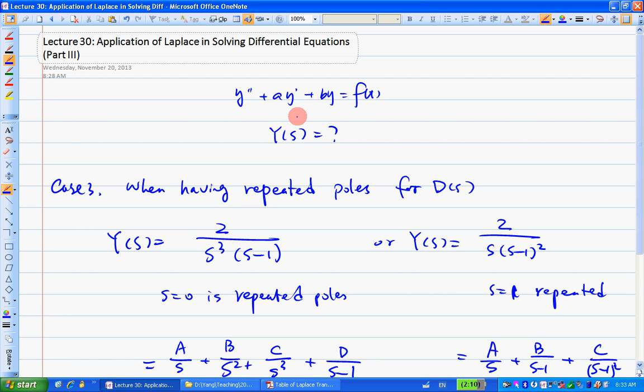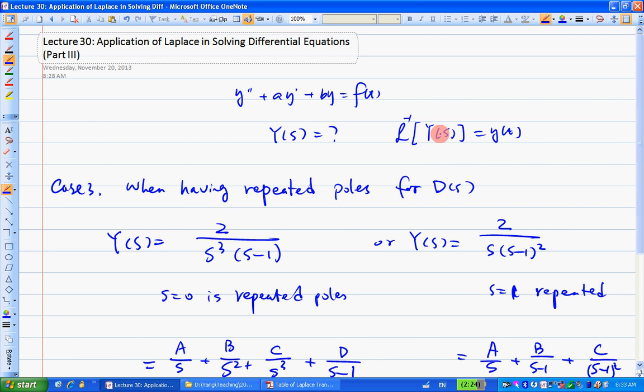Then from the table that I gave you, we find the inverse of the Laplace transform, which is the solution of this differential equation. So that's basically the procedure of solving a differential equation using Laplace.